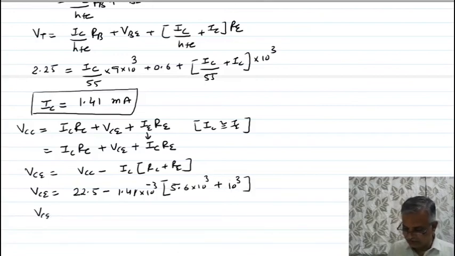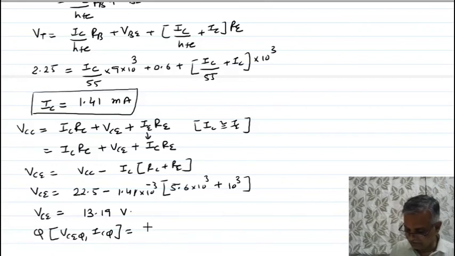If you calculate this value, you get 13.19 volt. So your Q point, VCQ, ICQ is given by 13.19 volt, 1.41 milliampere.